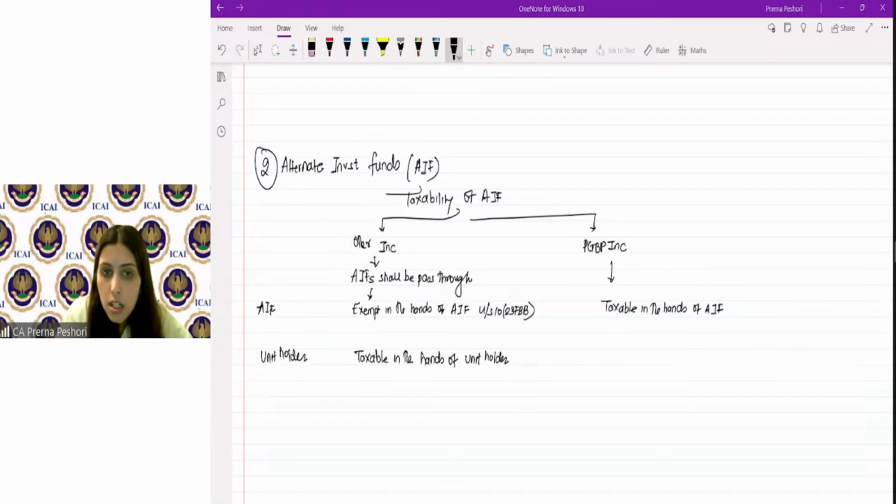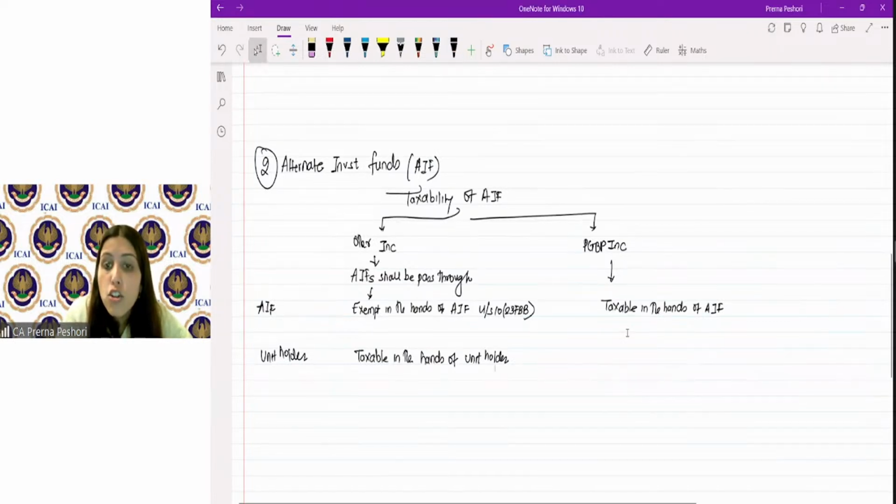Now, what about the income in the nature of PGBP, which is taxable in the hands of the AIF? That income will be exempt in the hands of the unit holder.